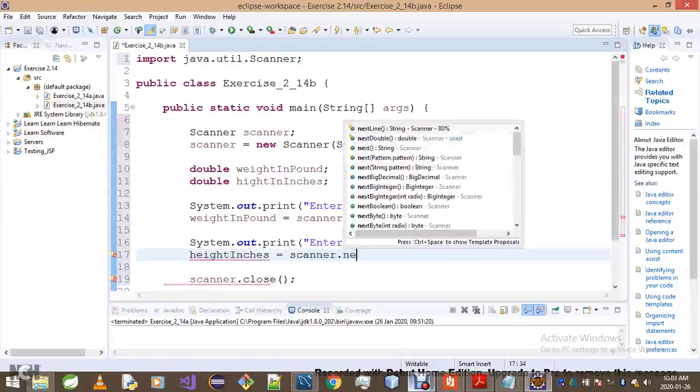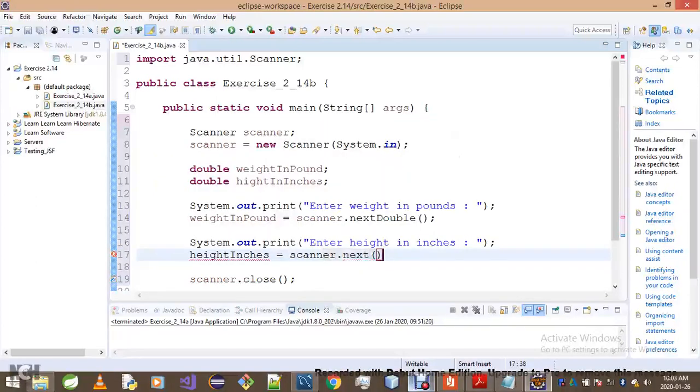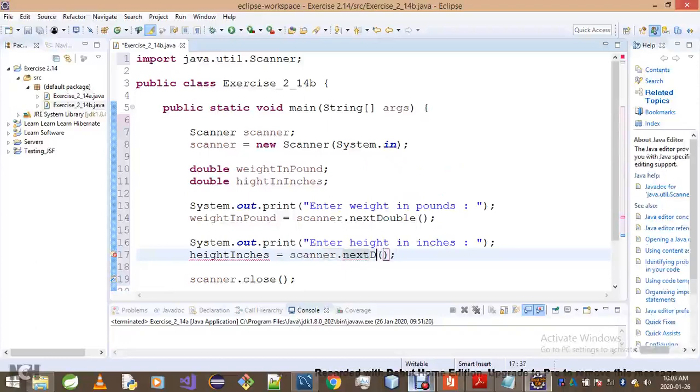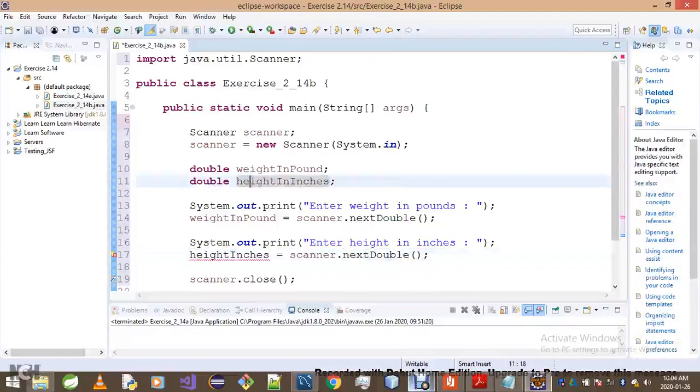So you go scanner.nextDouble. Oh, I misspelled height. In inches.